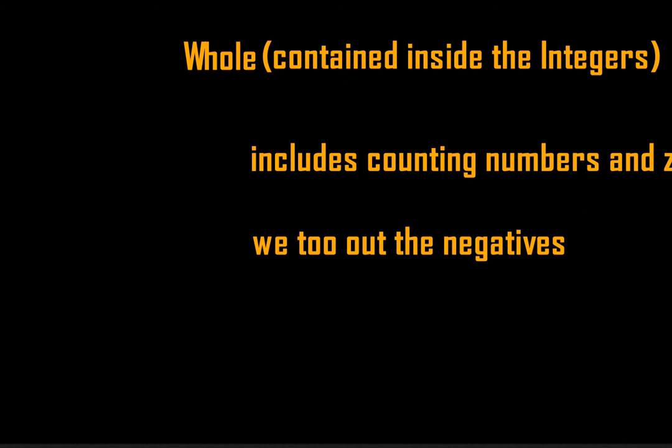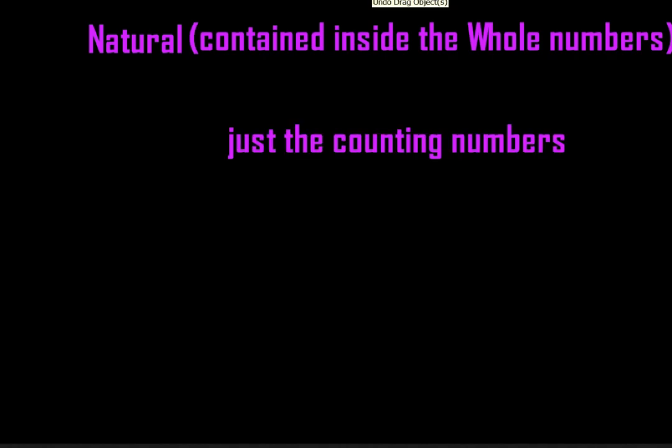And for the smallest subset that we talk about in here, we're going to have the natural numbers. Again, those are contained within the whole numbers. And so those are just the counting numbers. And so what do you start with when you count? Well, if you start counting, you should say, 1, 2, 3. So what do we take out? We took out 0.